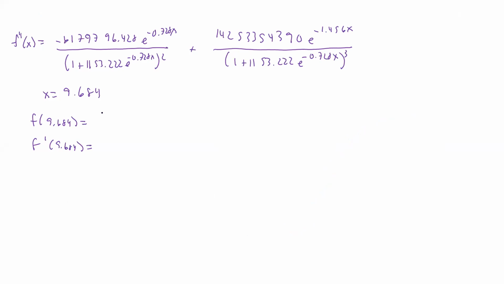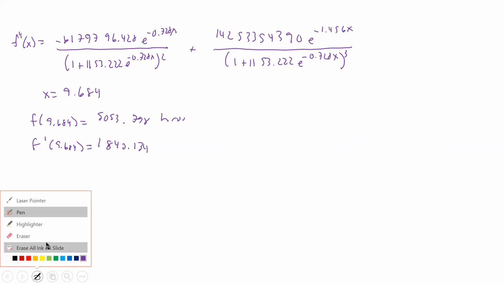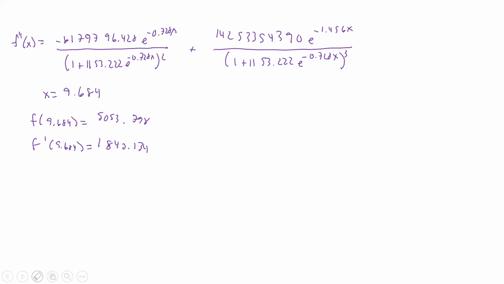So this was 53.798, and that was 1840.134. And so that's going to be hours, and this is going to be hours per week. And again, remember, this is the rate it's changing at this point in time.